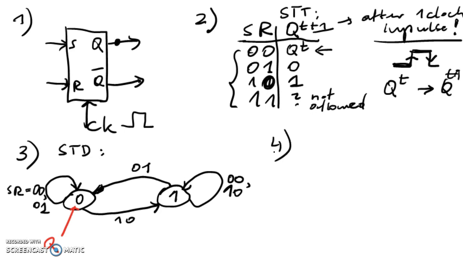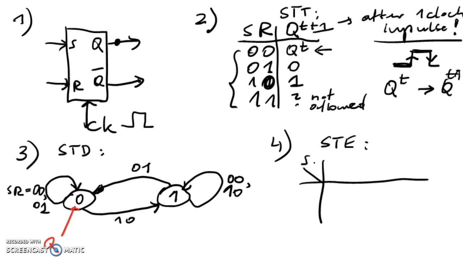And the fourth way is to deliver the equation for this state transition. In order to have it in the minimized form, you put the SR and current state Q of t. And your task is to deliver the equation for Q of t plus 1 for the next state.